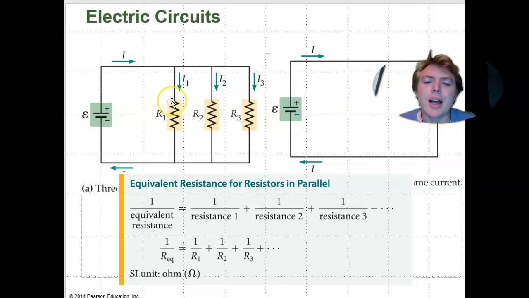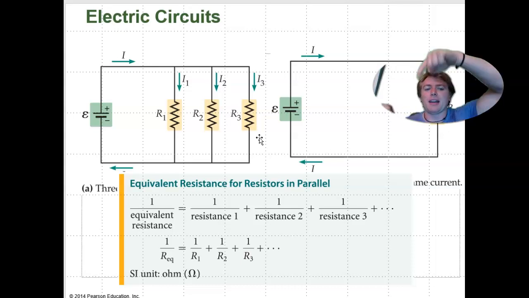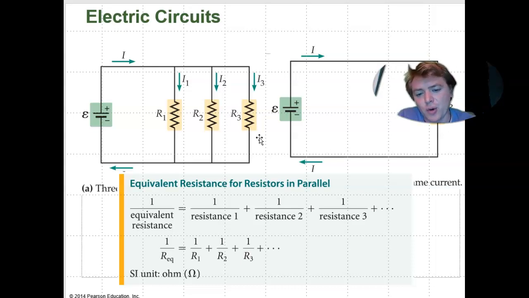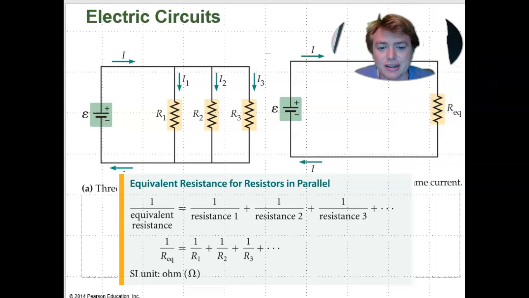And so that's what happens with our circuits when we add resistors in parallel, where the path of the flow is going to be through one or the other. That means that when I'm including more resistors in parallel, the equivalent resistance actually decreases.